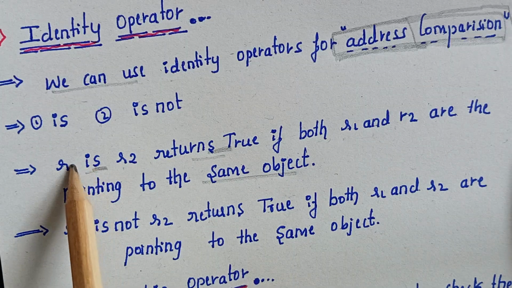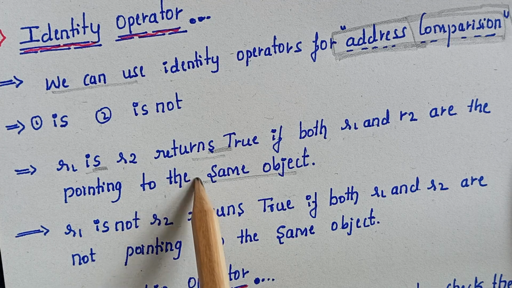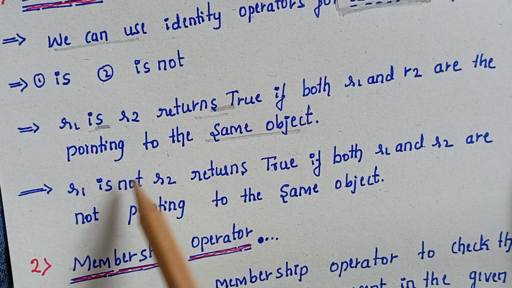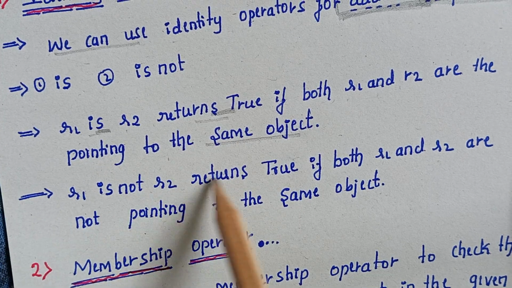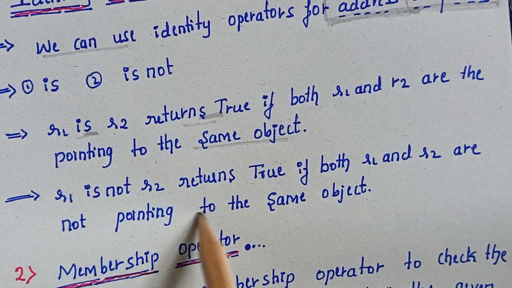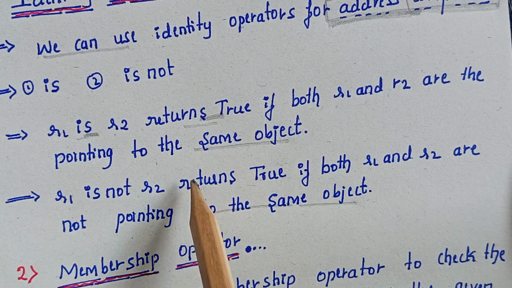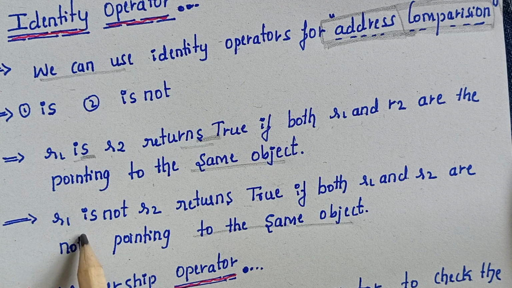If they are different, then we use "is not". R1 is not R2 returns true if R1 and R2 are not pointing to the same object. So this is all about the identity operator.